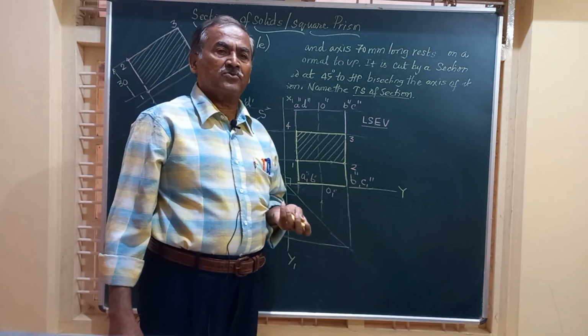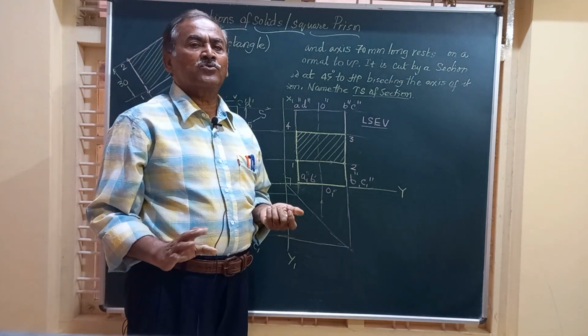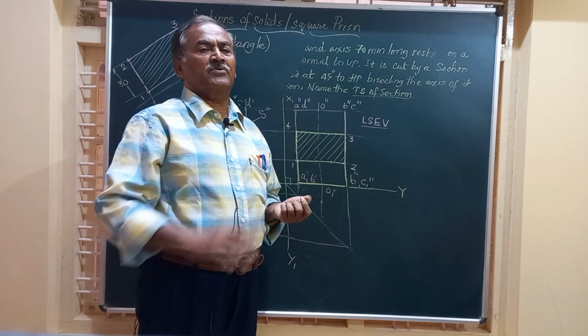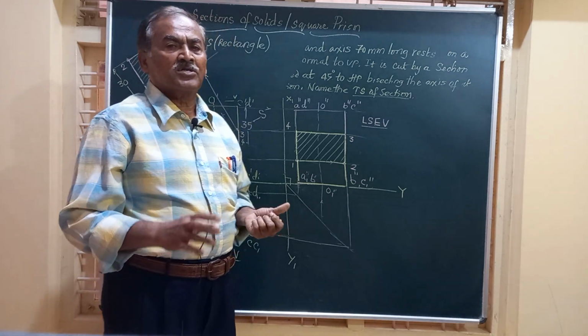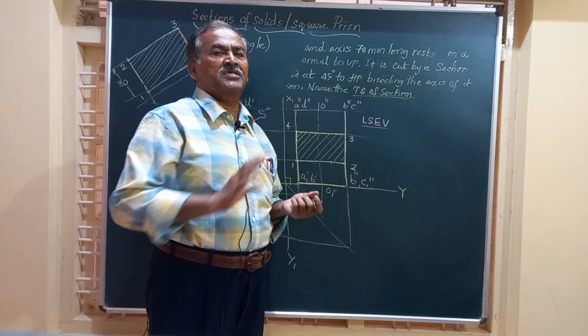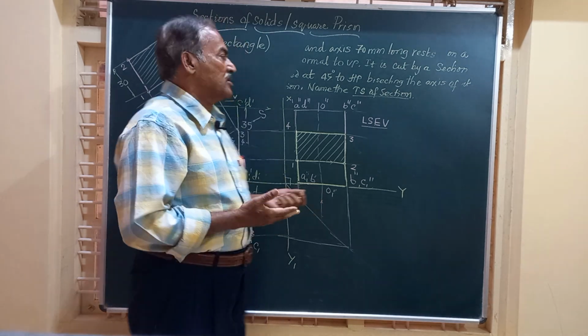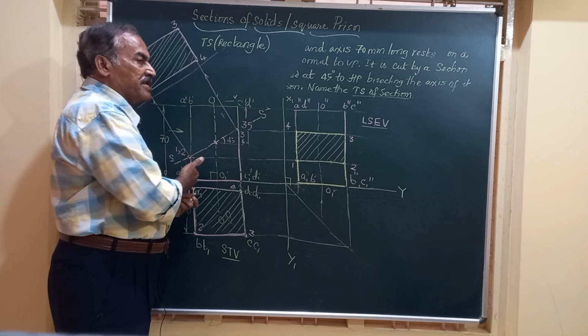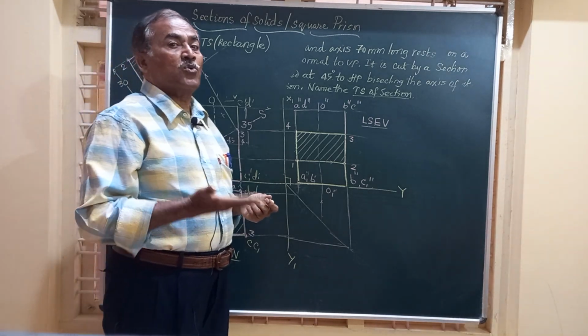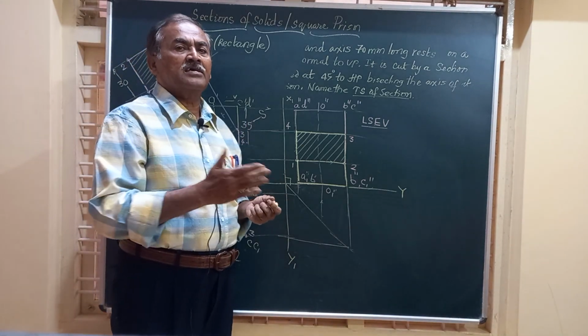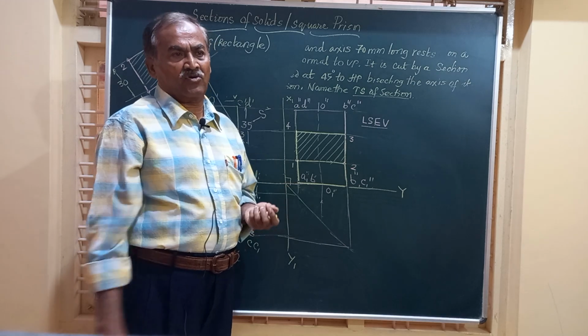So in the next video, I am going to work out a problem on the square prism wherein the true shape of the section is given to you, and you will be asked to find out the position of the section plane, that is at what height or at what angle the section plane is cutting the solid.